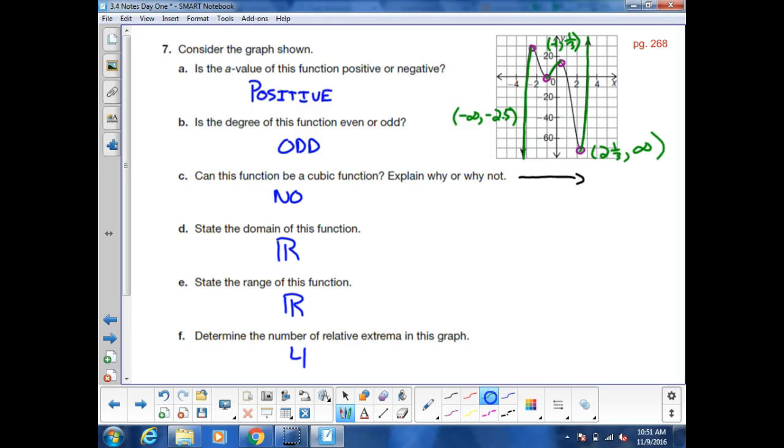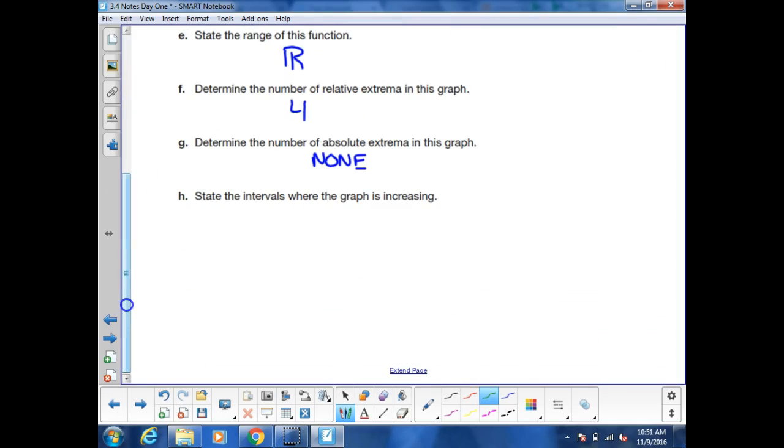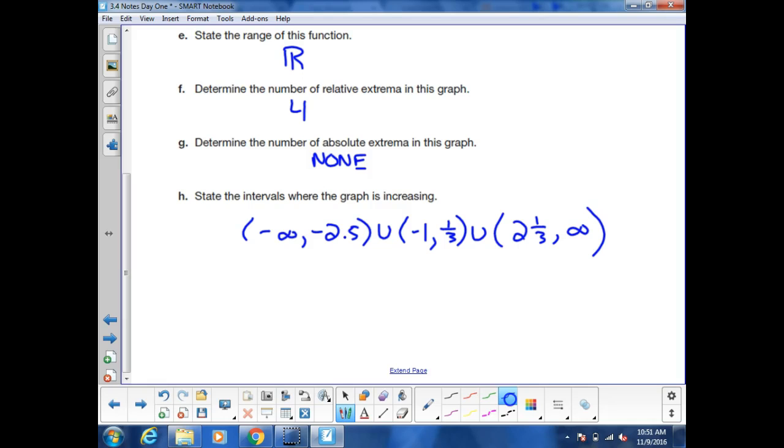So in interval notation, that would be from negative infinity up to negative 2.5, union negative 1 to about a third, and then from 2 1/3 all the way to positive infinity. Okay? With me?